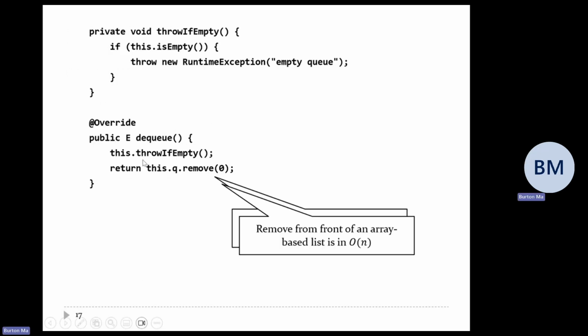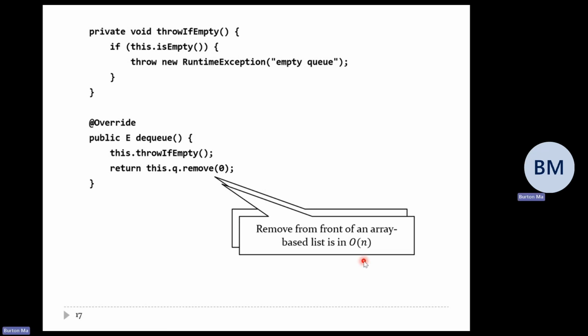Dequeue throws an exception if the queue is empty. Otherwise, it removes the front element from the list. Right. So the problem with removing the front element from an array-based list is that the way it works is all of the elements shuffle forward one position. Right. So you remove the first element, everything else has to move forward one position. So it's exactly like the picture showed you earlier.